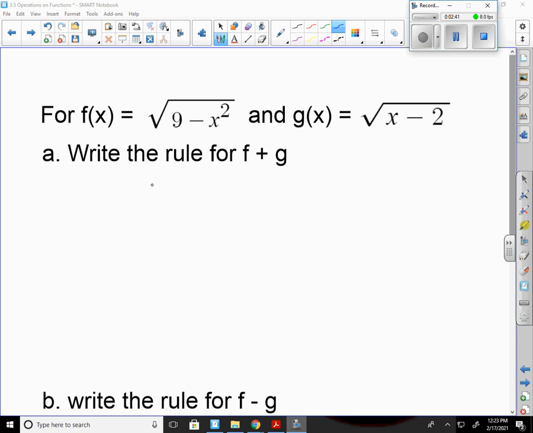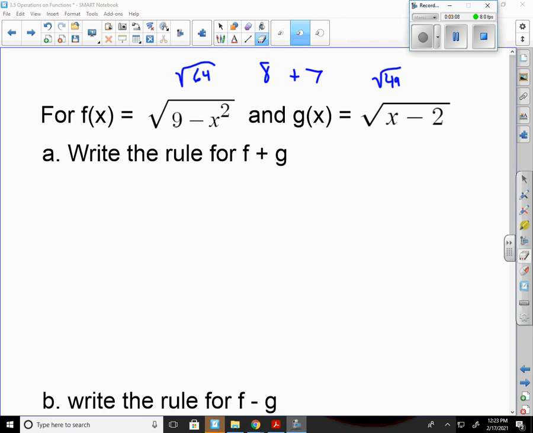So write the rule for f plus g. Now, whenever I add a square root and a square root, I can't combine them at all, ever. It would be different if it was like square root of 64 and square root of 49, because then I could do 8 plus 7, but it's not like I can add 64 plus 49 and get 15.